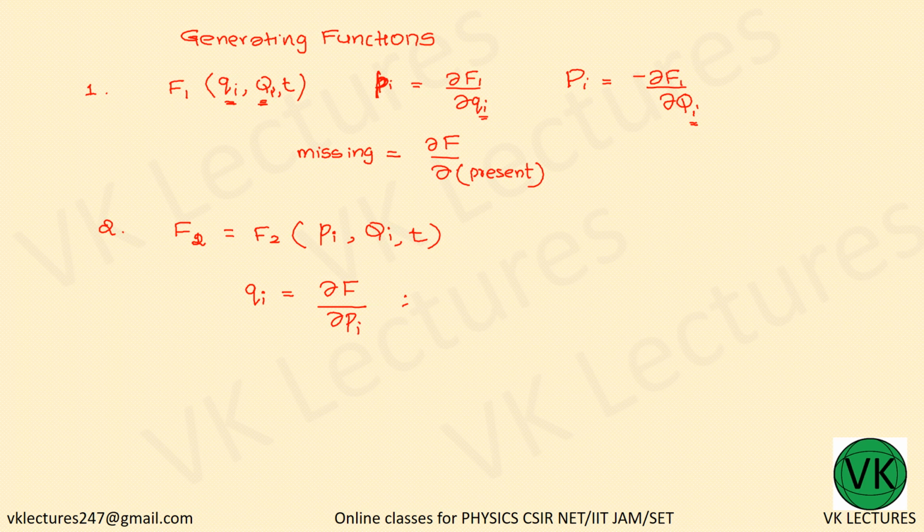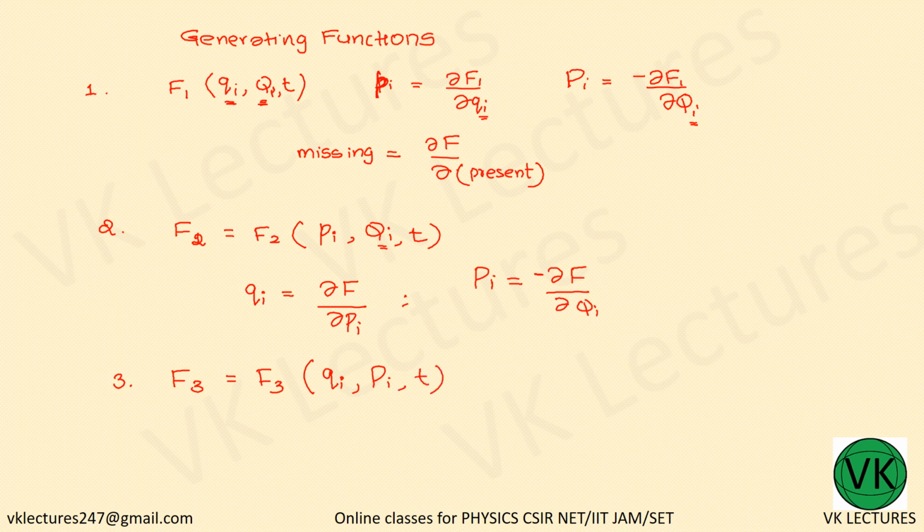Now in the second case, what is missing? Capital Pi is missing, which is equal to dou f by dou present, that is dou Qi, and there it needs a minus sign. Now for the third case, f3, which is a function of f3 of small qi, capital Pi and t.